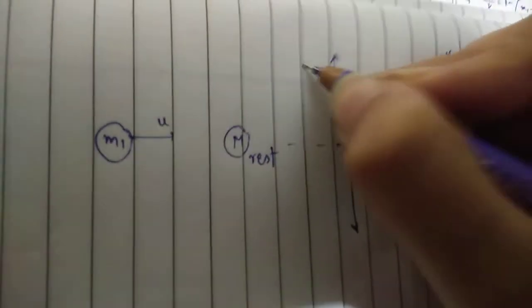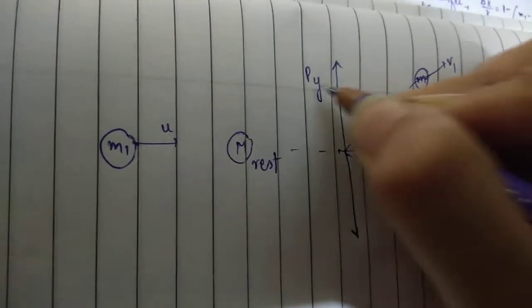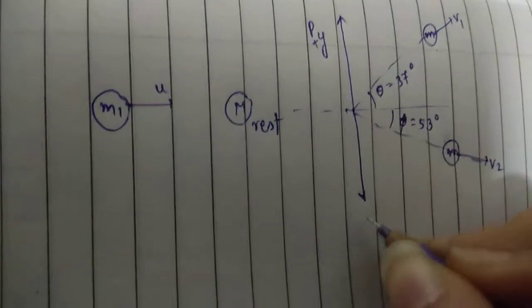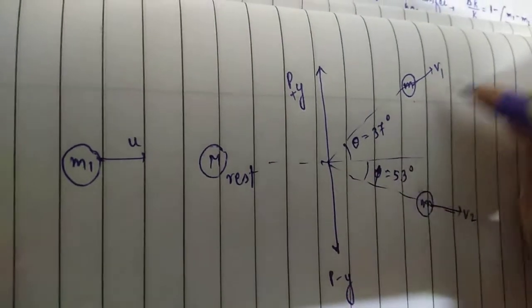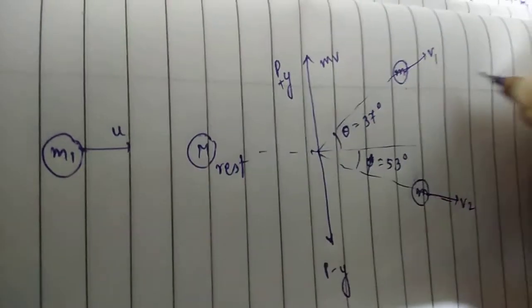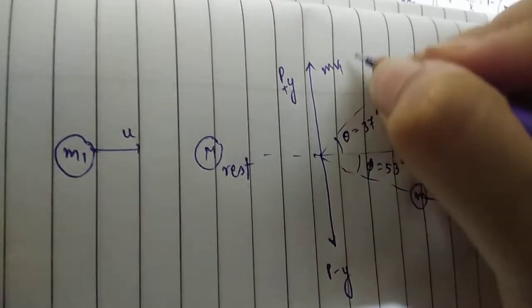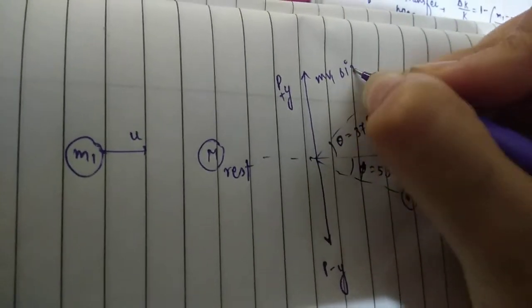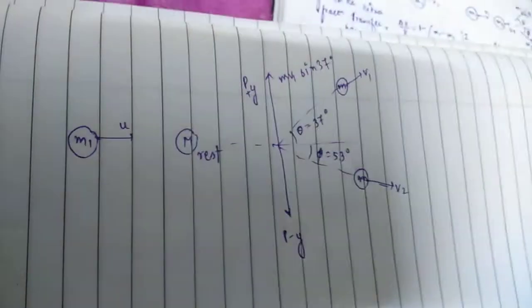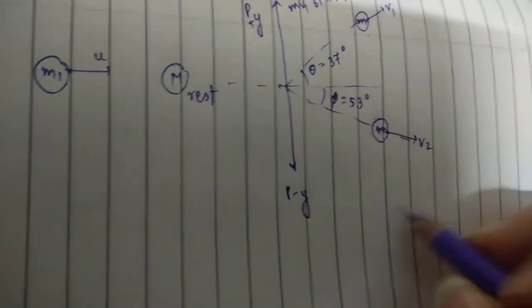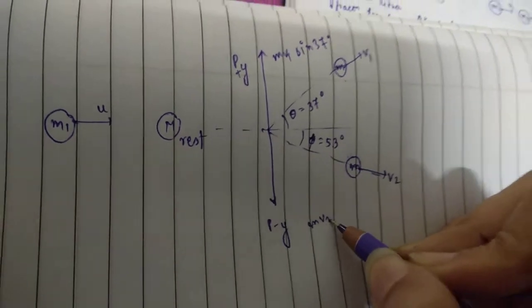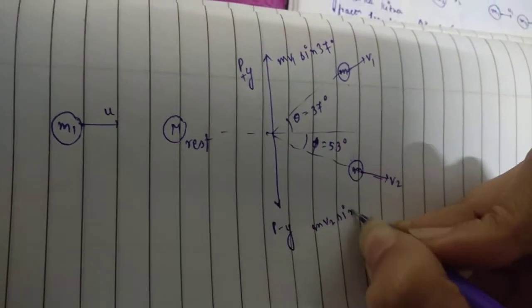momentum in the y direction. So I can write it as p in the y direction plus p in the minus y direction. It is 37 degrees, so it will be mv1 sine 37, and here I can write mv2 sine 53.